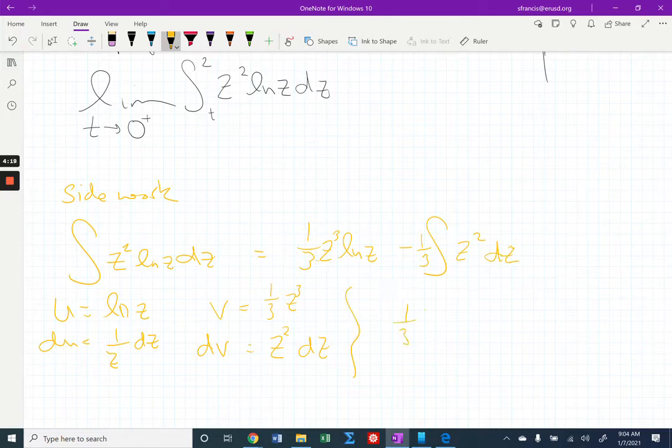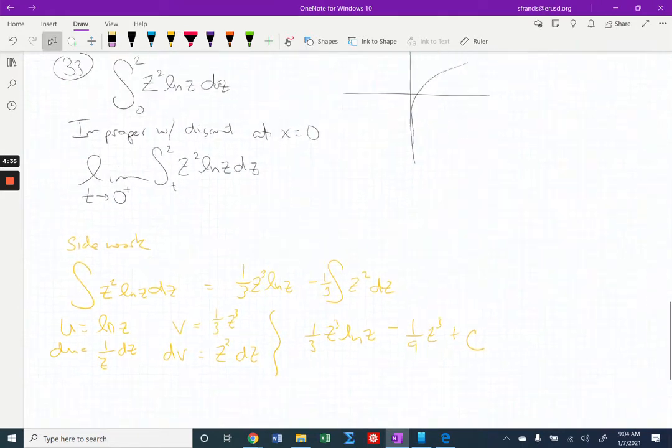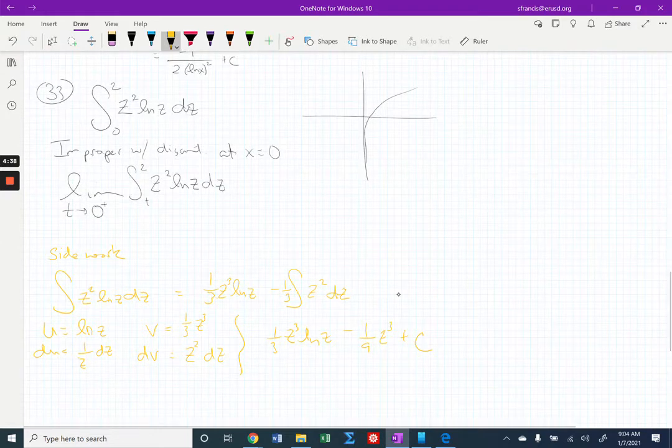So 1/3 z cubed natural log of z minus 1/9 z cubed plus a constant, and then you'll just go work the rest of this out. You'll probably have to think about the graph of the natural log function when you go to work out that integral. If you want further help on this particular problem, you're going to have to reach out to me, but I think you should be able to finish it without my assistance.